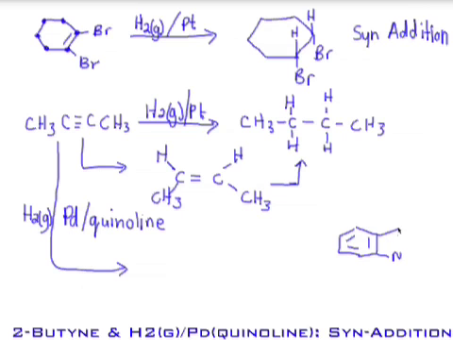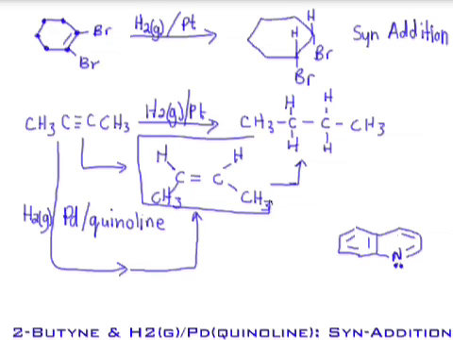And the nitrogen can bind to the palladium through its lone pair. The quinoline can interact with the palladium and hinder its interaction so that it stops at the alkene only. So palladium and quinoline gives you the cis-alkene.